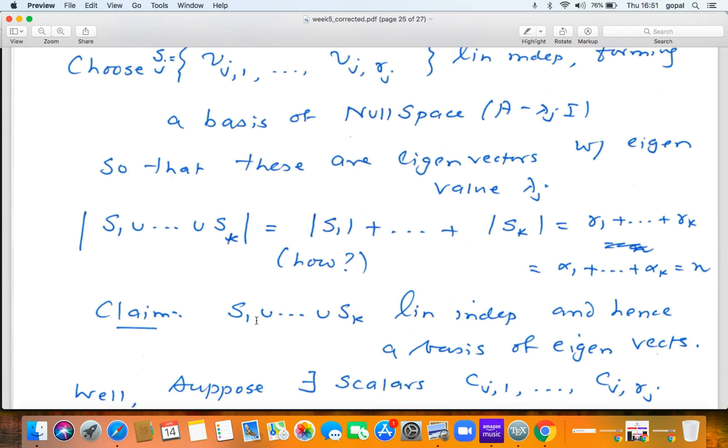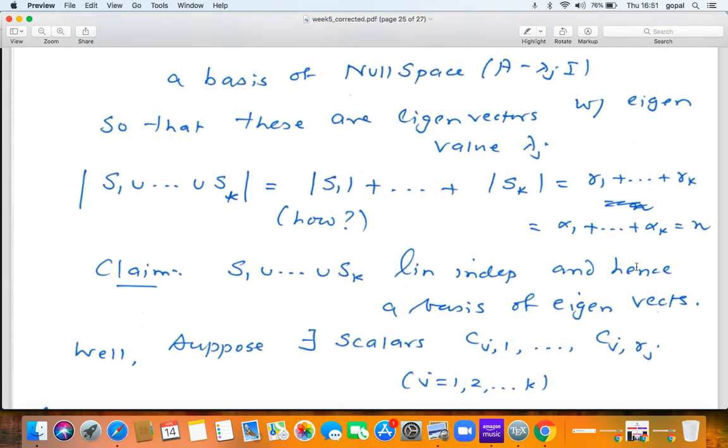Now, we will show that this S1 union S2 union Sk is linearly independent. If you show that this is linearly independent, then I have a linearly independent set consisting of eigenvectors, and the total number is n. And that's exactly what we want to show: if you have a linearly independent set consisting of n vectors in an n-dimensional space, then it's a basis.